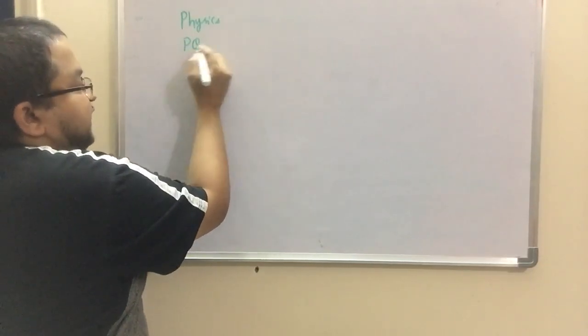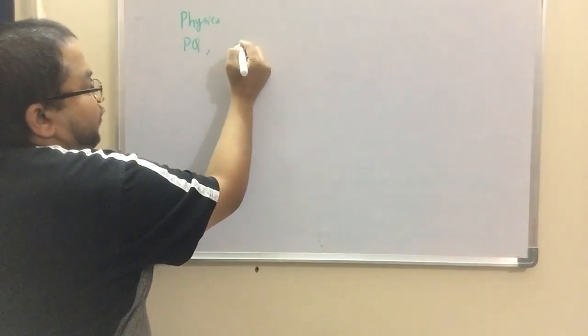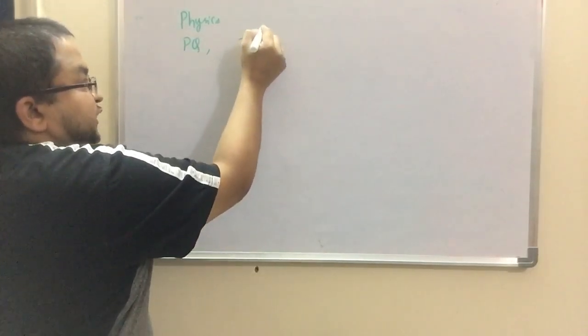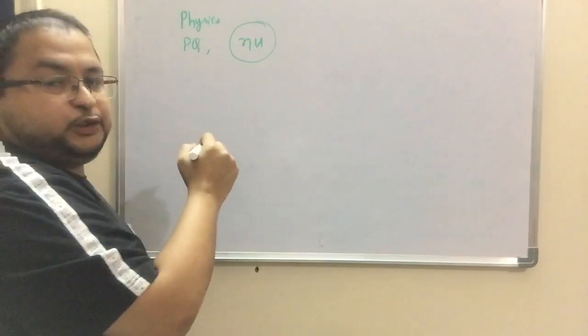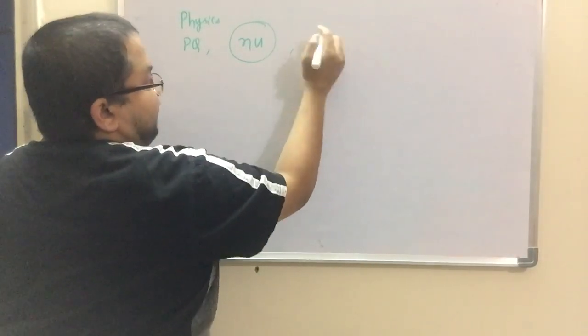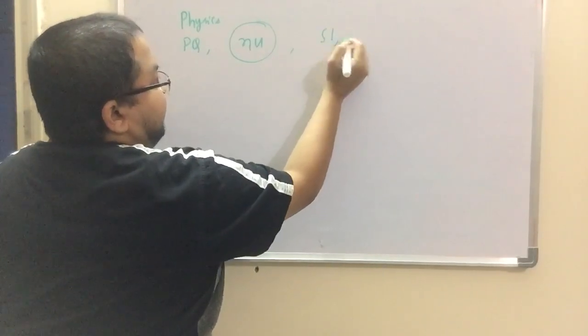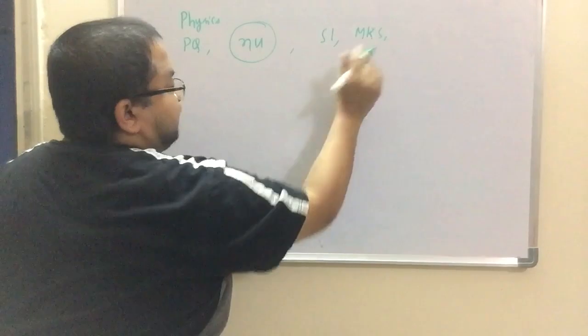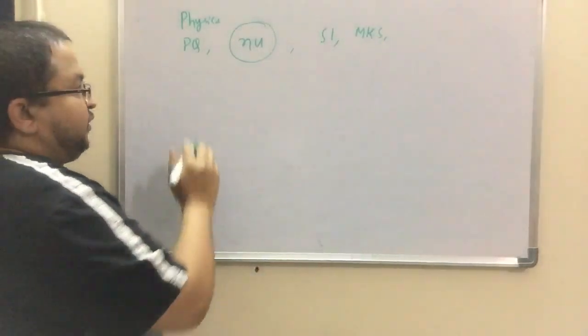How physical quantities are expressed in terms of magnitude and unit, numerical values and unit, and what is the meaning of magnitude. We also talked about the most prevalent units, right? The SI, the MKS system, the CGS system, the FPS systems, and all.